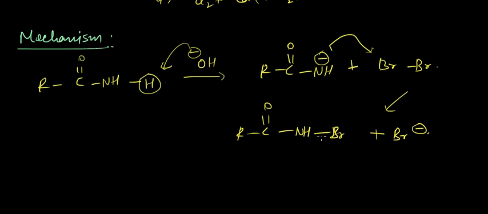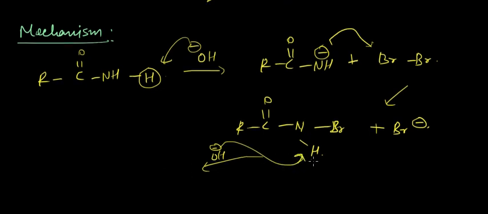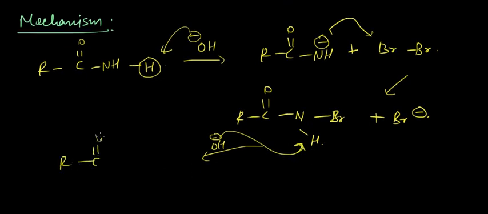Now this compound I can also show with an H here. Again we have a basic medium which will take this acidic hydrogen from the nitrogen atom and we will get something like this. Now this nitrogen will use its negative charge to form a double bond between itself and the carbon atom, and side by side bromine would be leaving this compound as Br minus.